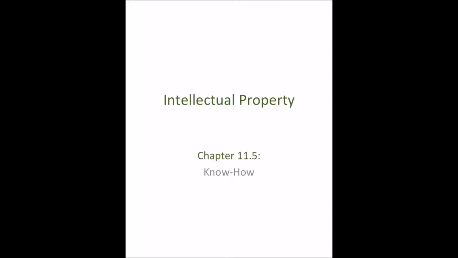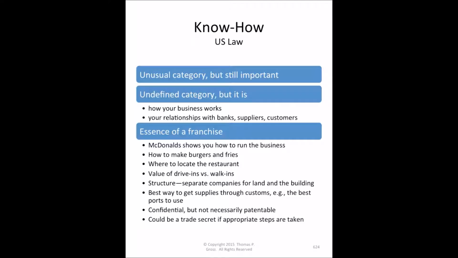So know-how is a kind of close relative of trade secret. It's very difficult to define, but it's basically how your business works and who you have relationships with and the banks you use and your supply chain and who supplies your hamburger buns or who supplies your aluminum and your pricing terms and who your customers are.